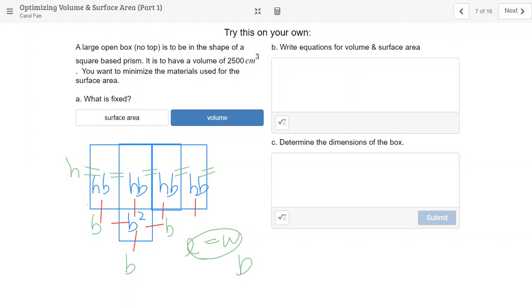Okay, let's write down the volume and surface area. So what I've written in blue is my surface area. So I've got 4 HBs, so HB plus HB plus HB plus HB plus B squared. So simplified, I have SA is equal to 4HB plus B squared.